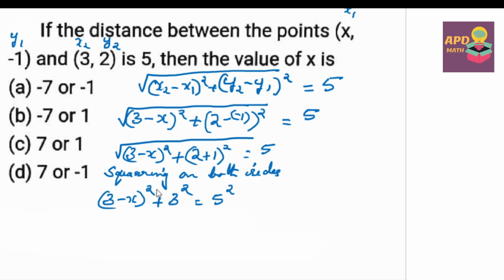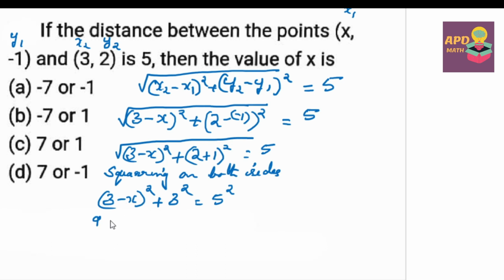Now what is (3 minus x) whole square? That is a minus b whole square, so we have to use the identity. Using the identity (a minus b) whole square, expand (3 minus x) whole square.